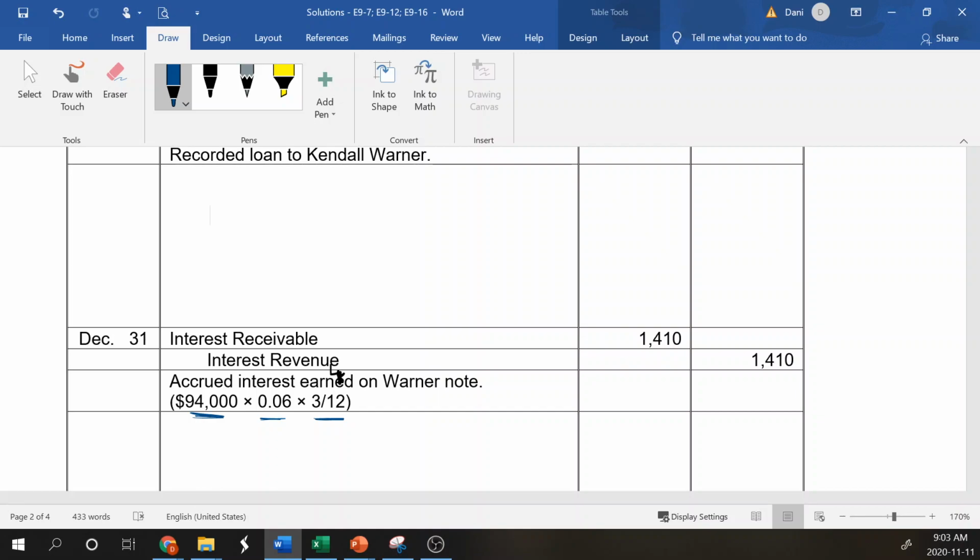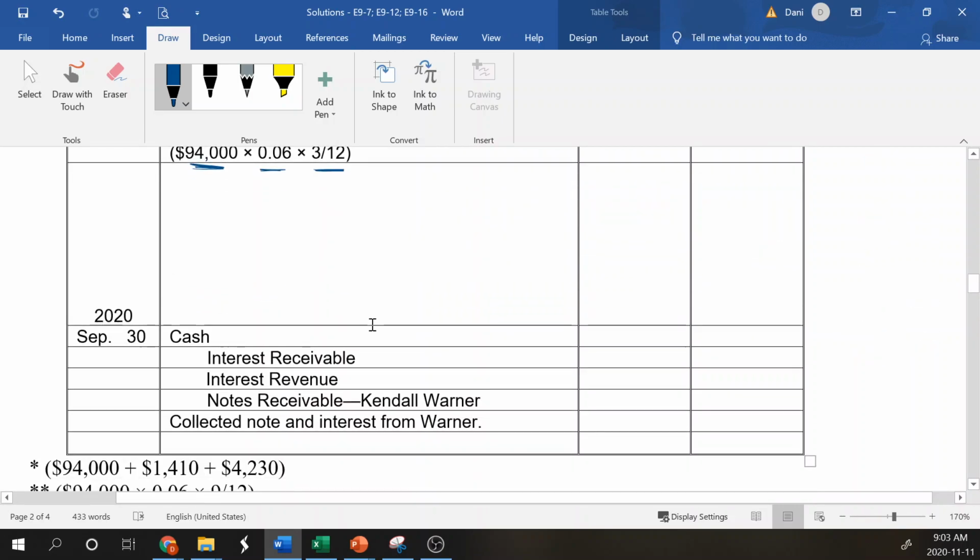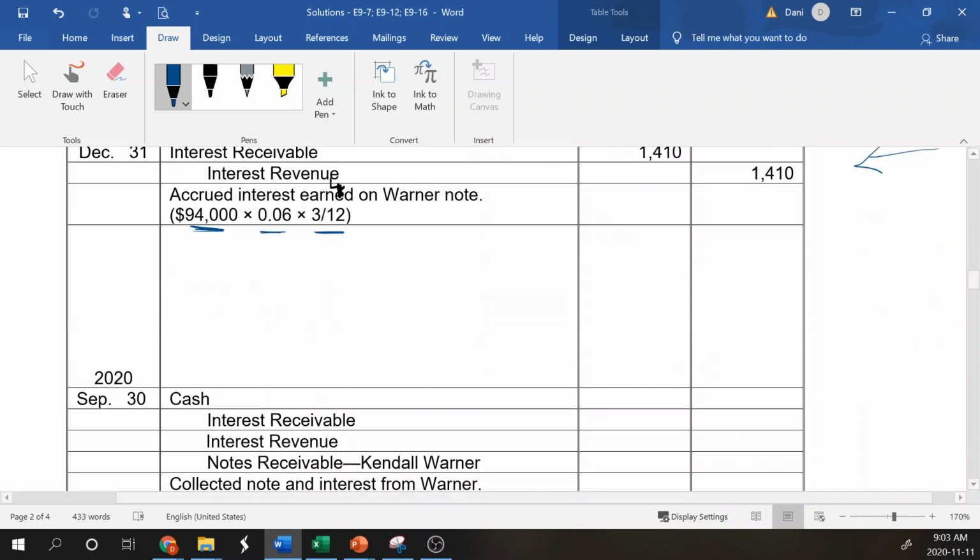Now the next transaction that will happen will be in 2020, and it's at our maturity date. And since it's a 1-year note, as we said, it will mature and be collected on September 30th, 2020. So when we go to record this, we can't forget that we've already booked 3 months of interest. So we will see our collection here.